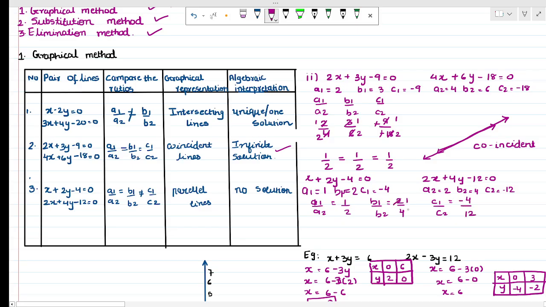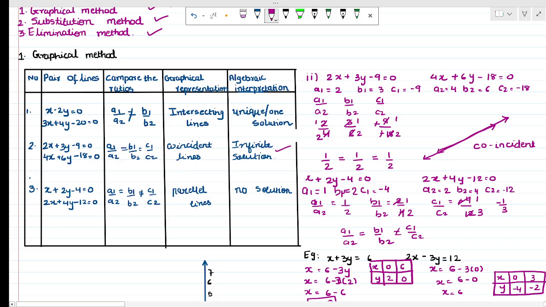So as you can see, 2 ones are 2, 2 twos are 4. My A1 upon A2 is equal to B1 upon B2. But in my third case, 4 ones are 4, 4 threes are 12. That means it becomes minus 1 upon 3. My A1 upon A2 is not equal to C1 upon C2.